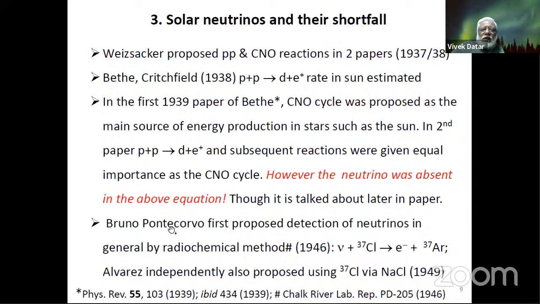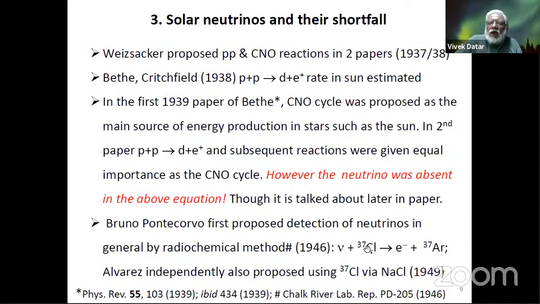Now, the next important phase came about when Bruno Pontecorvo first proposed detection of neutrinos by a radiochemical method. Actually there is a Chalk River report. He was in Canada at that time, in 1946, when he wrote this.